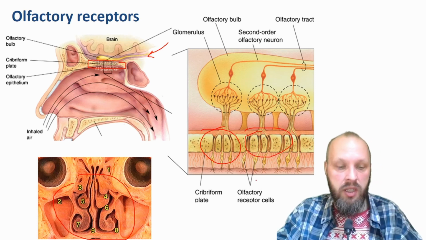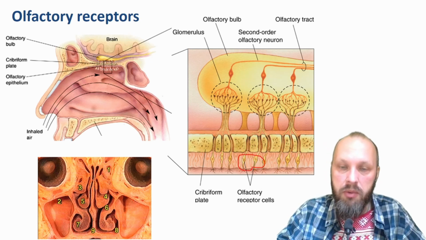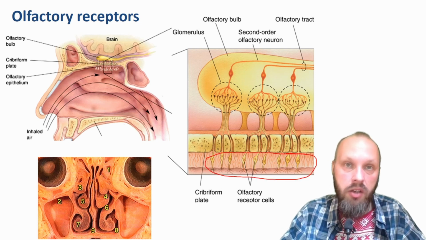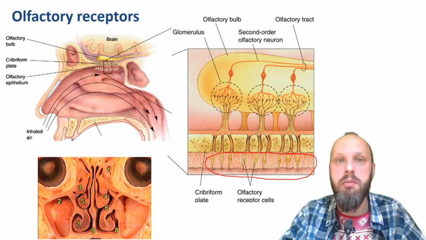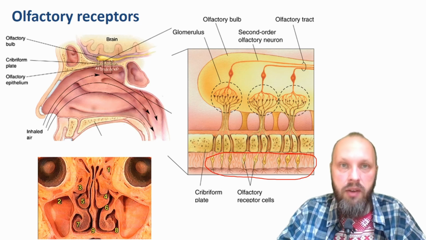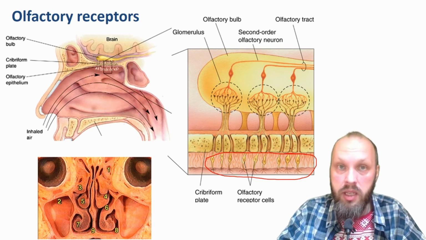And there are neurons called the olfactory receptor cells that are sitting in the epithelium and are sending their axons through these holes to connect to neurons in the olfactory bulb. These olfactory receptor cells are therefore on the border between our body and the elements of the environment. They are in the mucus, in this mucous membrane. They have to be moist all the time, otherwise they will die.